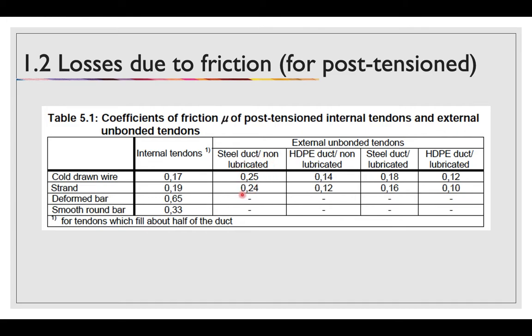If it is non-lubricated, it means that the surface will be rougher, so the friction coefficient will be much higher in comparison to the lubricated surface, whereas we have 0.18 and also 0.1.